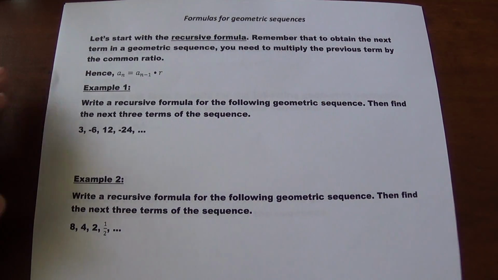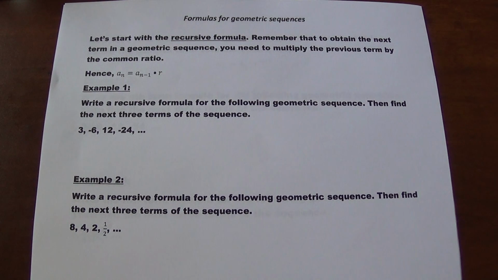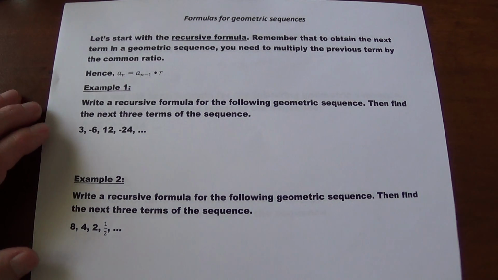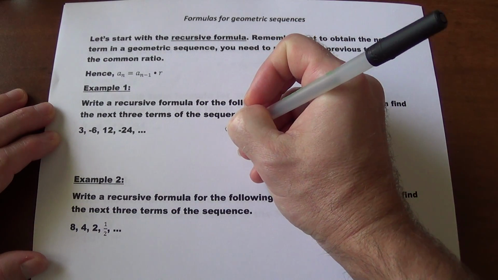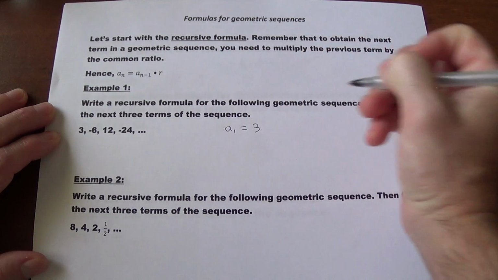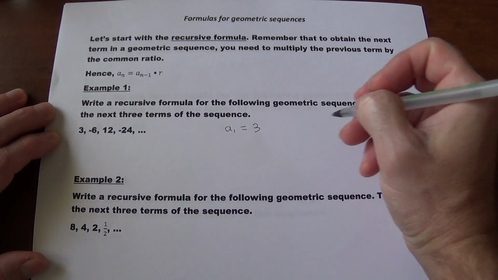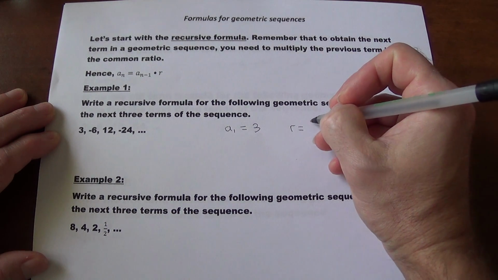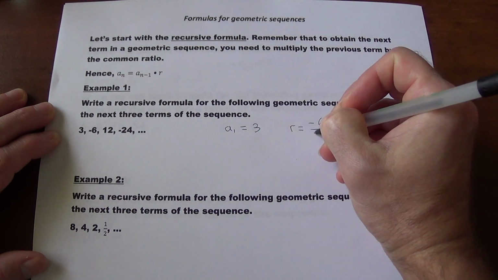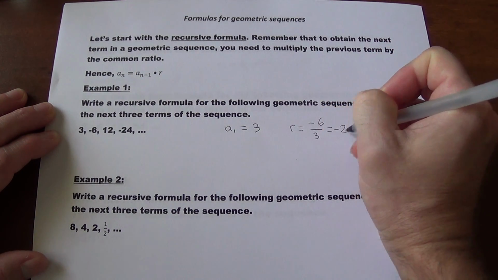So we're going to take a look at this sequence. We are going to first identify a1, which is the first term, and that's 3. That's easy. And then the common ratio here will be the ratio of two terms. So for example, I can do -6 divided by 3, and that's going to give me -2.